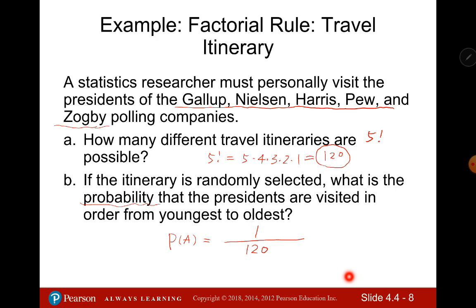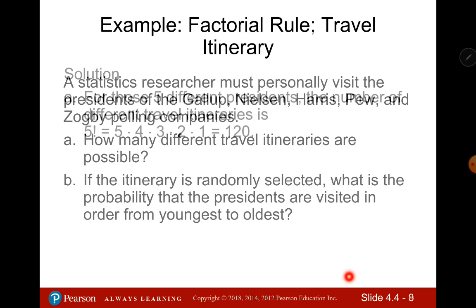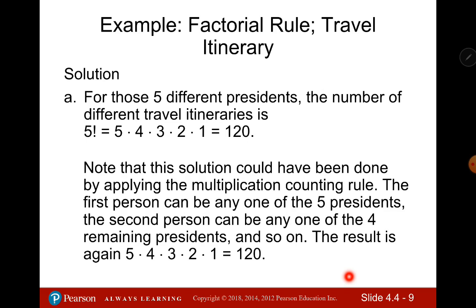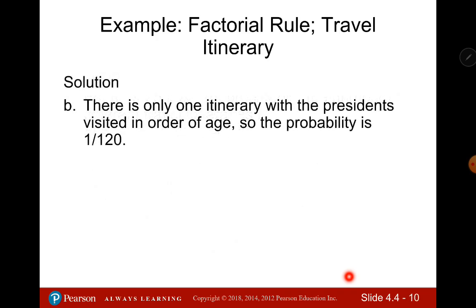So make sure you know this is probability, and that one is called counting. So these are the details of the solution.